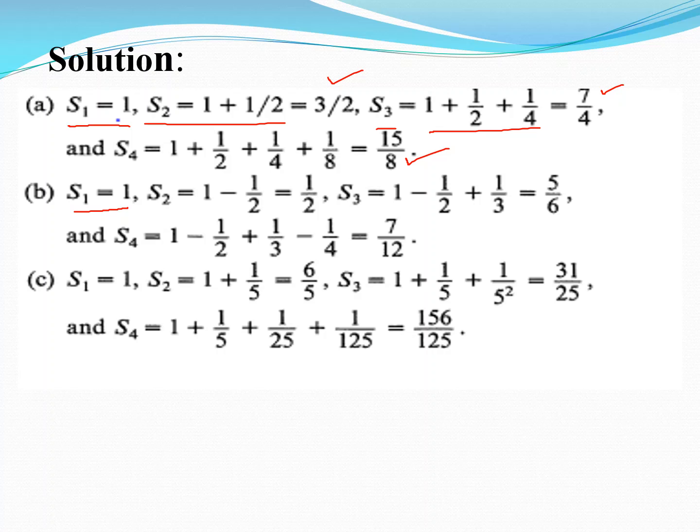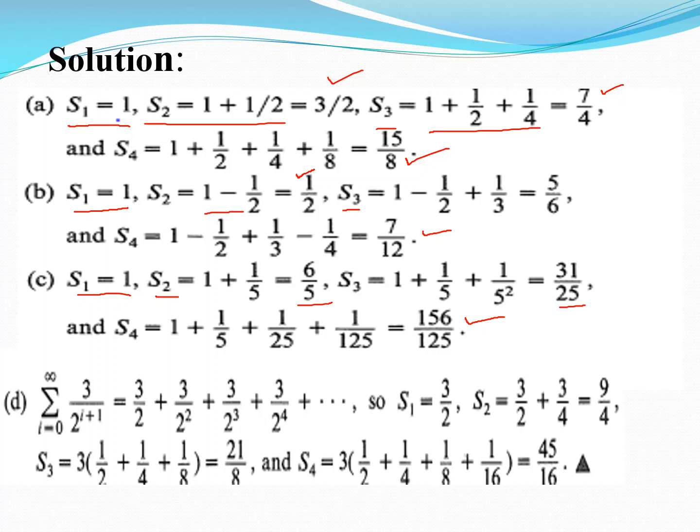S2 is the partial sum of two terms, where the first term is 1 and the second term is minus 1 by 2, so the partial sum S2 is 1 by 2, and similarly we can calculate S3 and S4. In the third part, S1 is 1 and S2 is 6 by 5, S3 is 31 by 25 and S4 is 156 by 125.